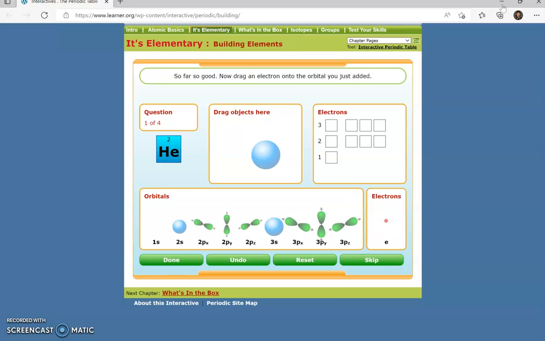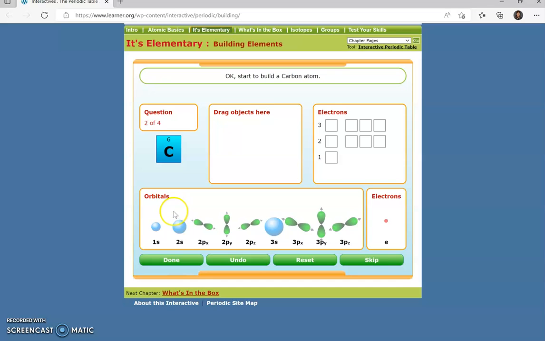So 1s2. This would be the electron configuration for helium. It has 1s, so it has only one energy level, and that S shape is spherical.